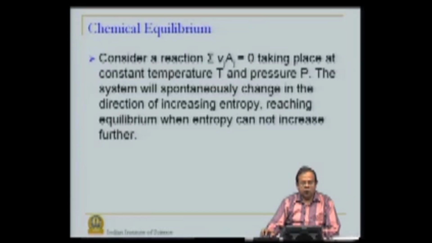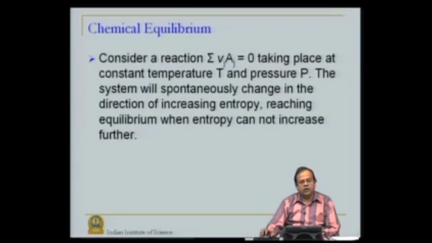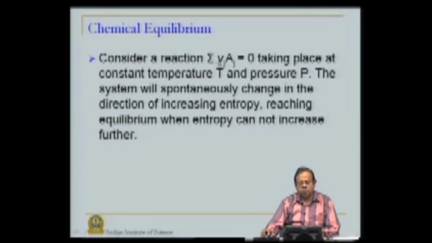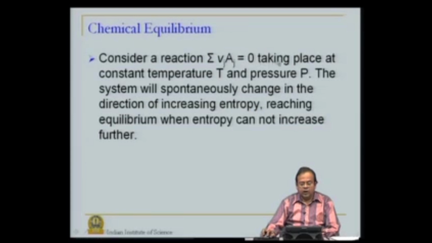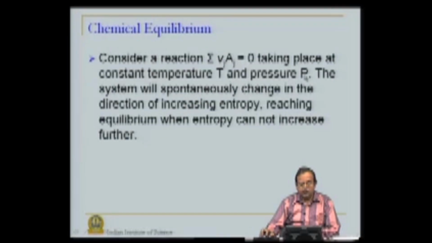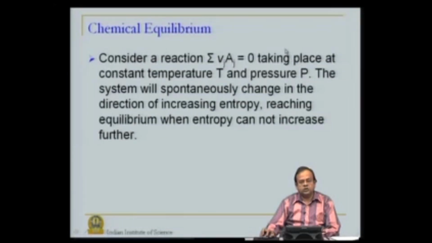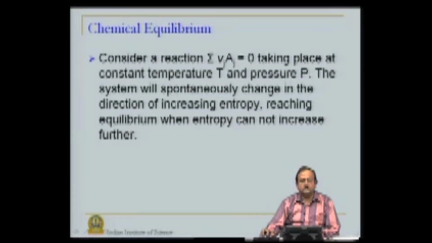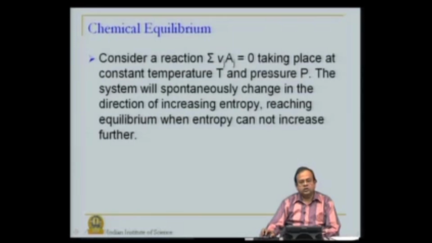So, we start out with our general reaction, and at this point I will consider only a single reaction that is taking place, summation nu j A j equal to 0, taking place at constant temperature T, pressure P. Now, thermodynamics tells us that for any process to occur spontaneously, there is always an increase in entropy, such that the entropy keeps increasing, reaches an equilibrium value or the maximum value when entropy can no longer increase further.